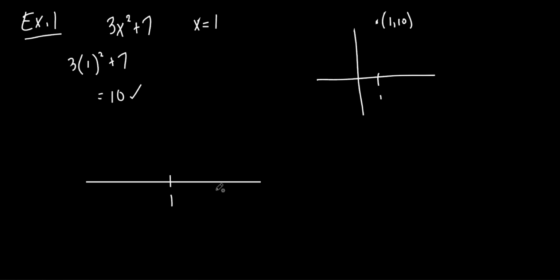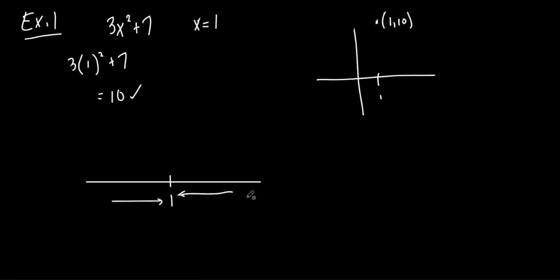So here's what I'm going to do. This is kind of weird, but just watch. As I approach 1 from the right, the y value should get closer and closer to 10. As I approach the number 1 from the left-hand side, as I get closer and closer to 1, then that y value should also approach 10.